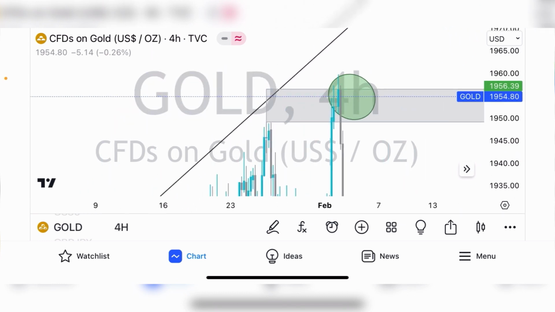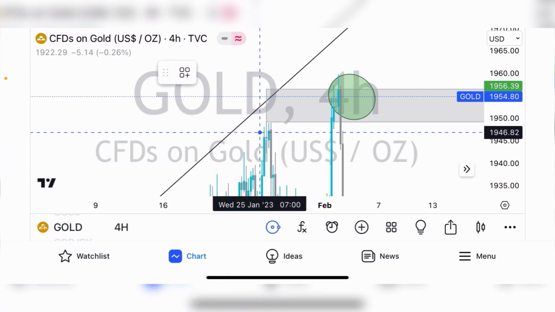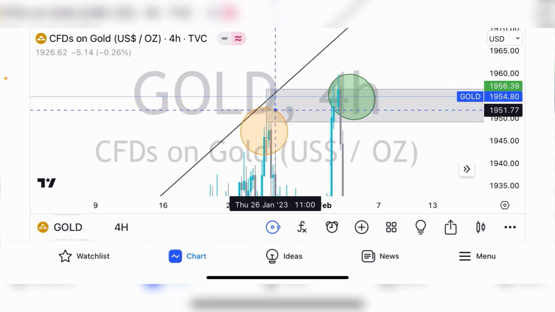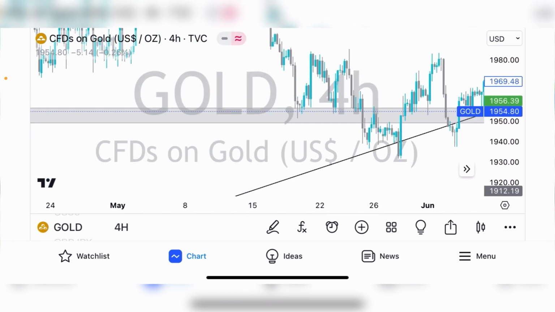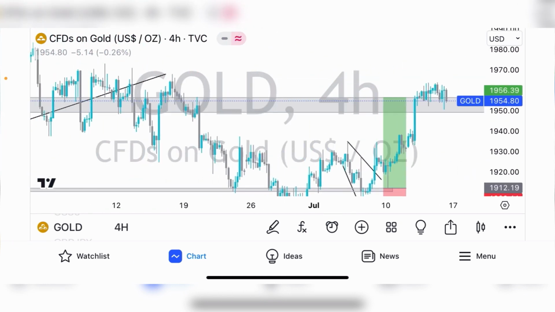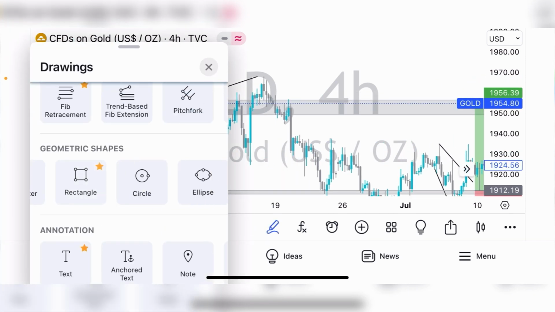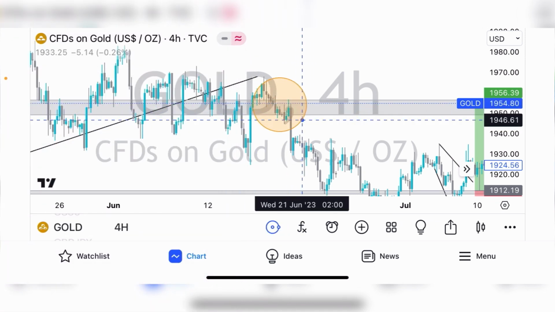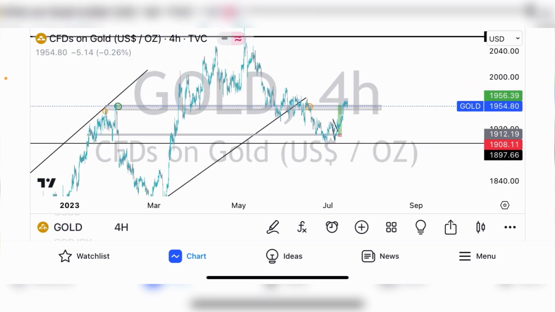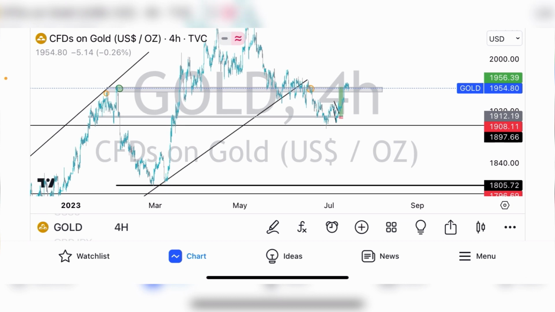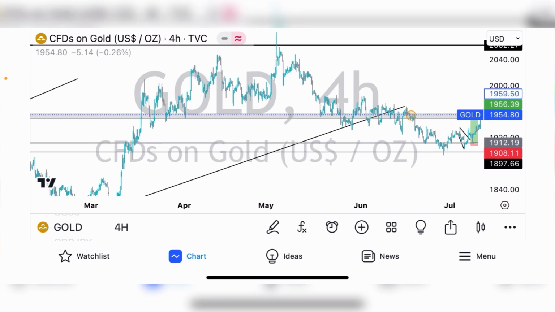We have one, and two. We have another touch here, another resisting touch here, which also makes this a strong resistance point.